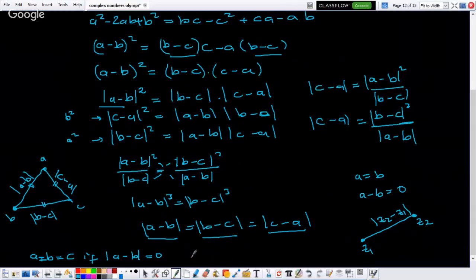If it is not equal to 0, second one, if A minus B is not equal to 0, it means that they are making an equilateral triangle.